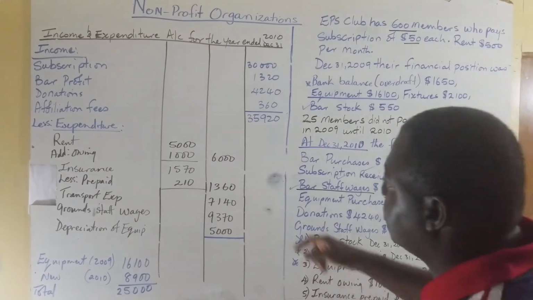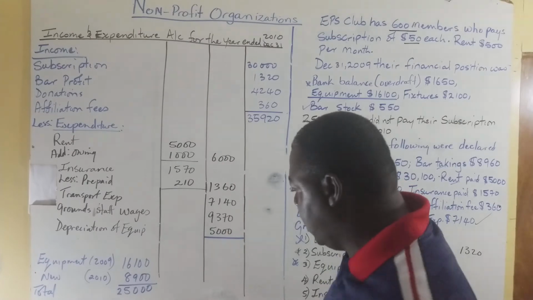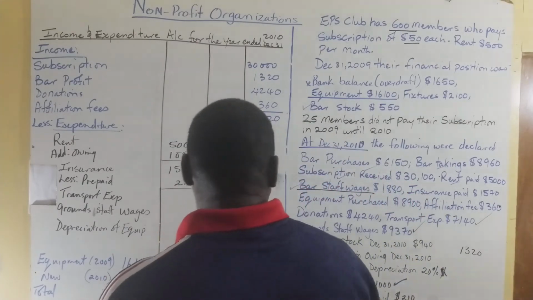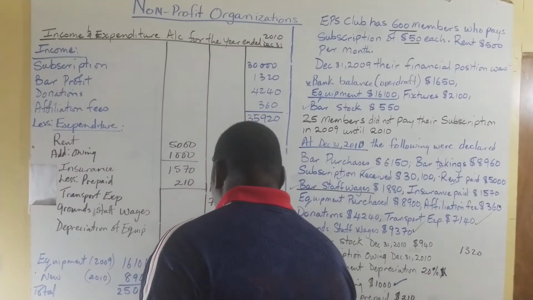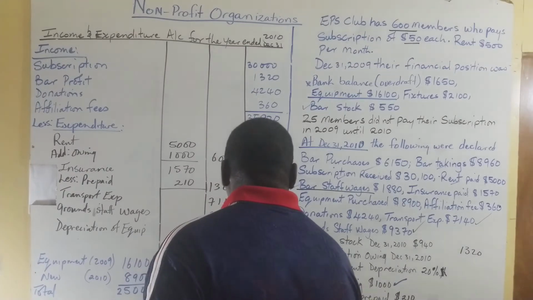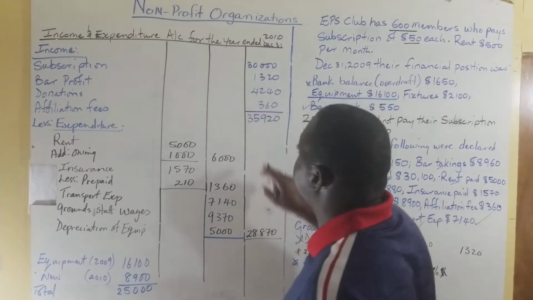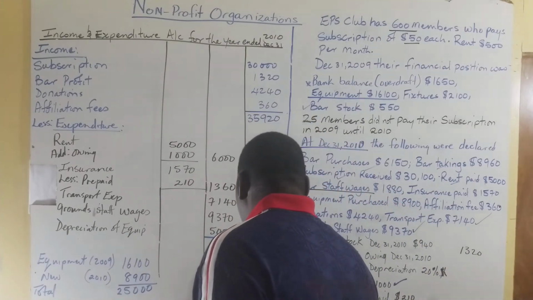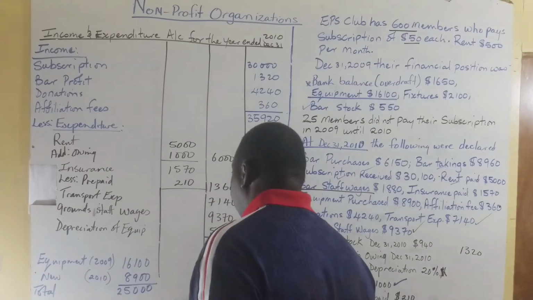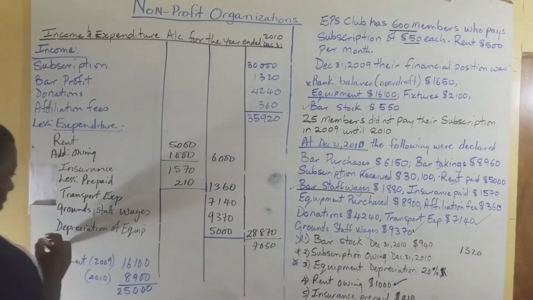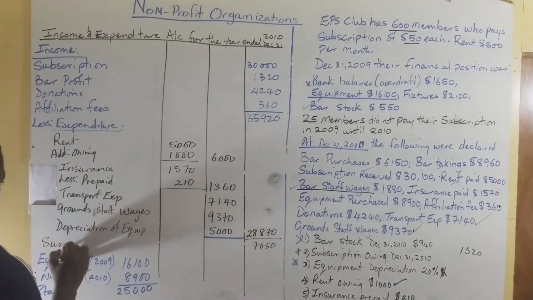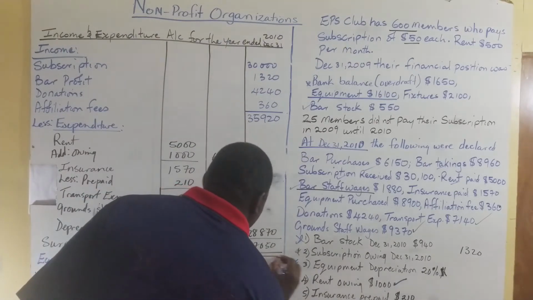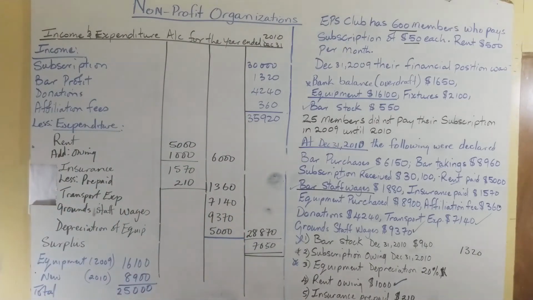So having totaled the expenditures, we're looking at a figure of 28,870. We're going to subtract the total expenditure from the income, and we should be getting 7,050, which indicates that we have a surplus. Right, and this is a surplus, 7,050.